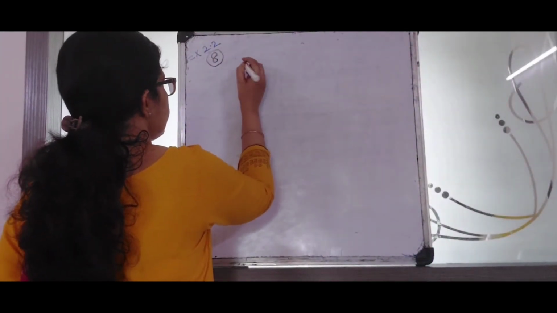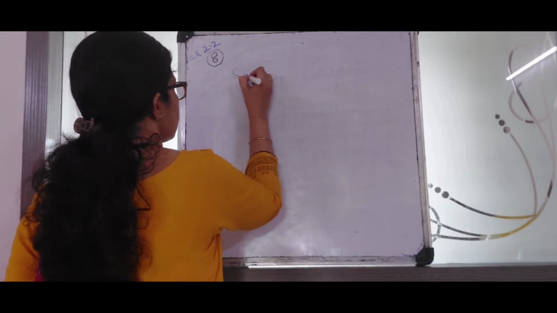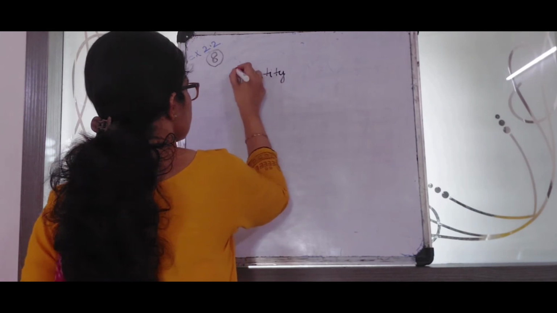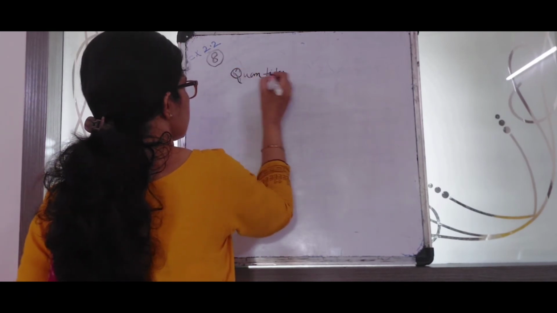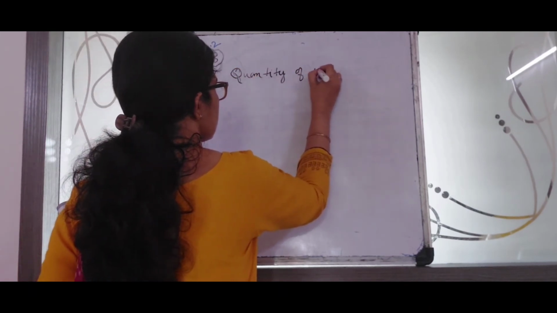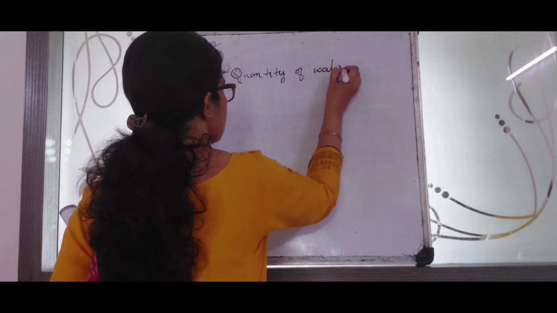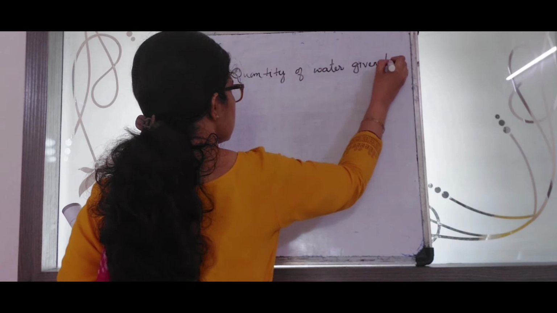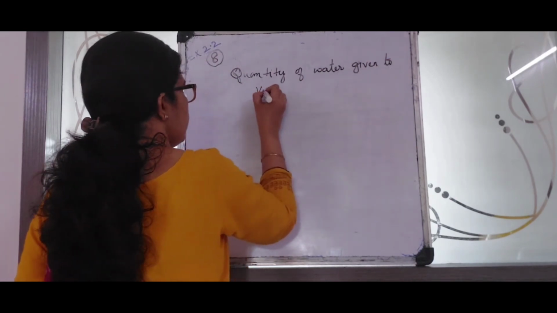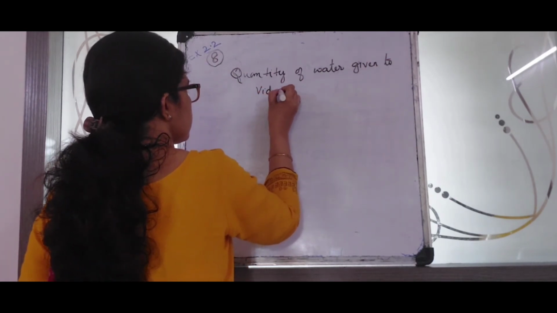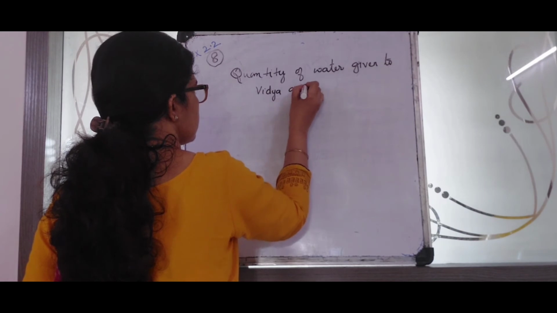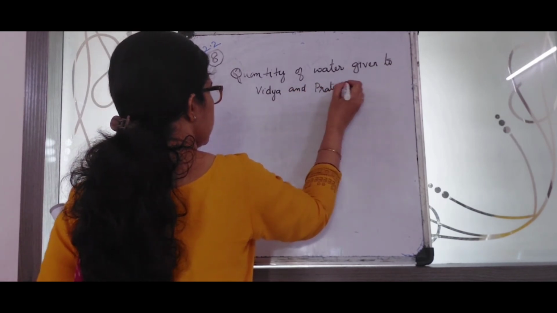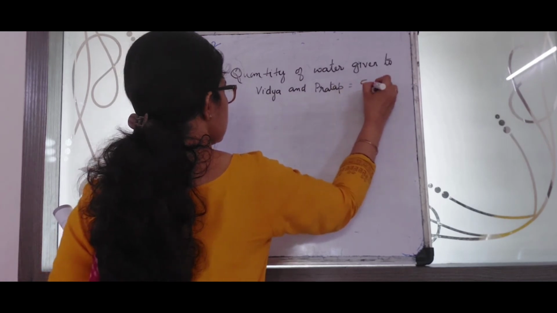Quantity of water given to Vidya and Pratap is equal to 5 liters.